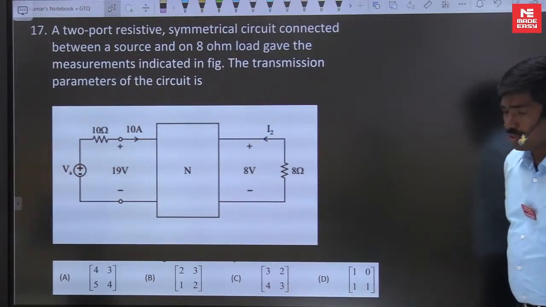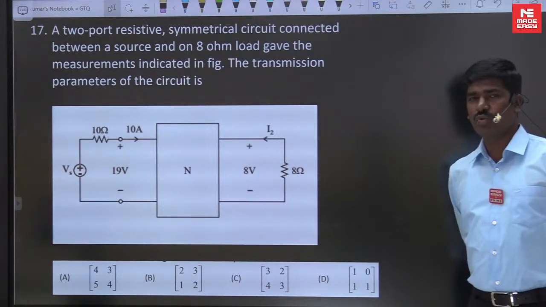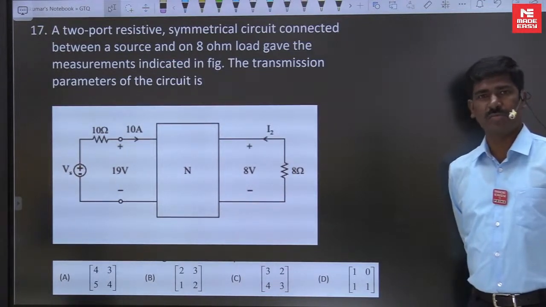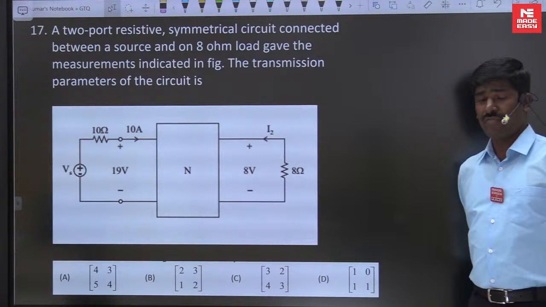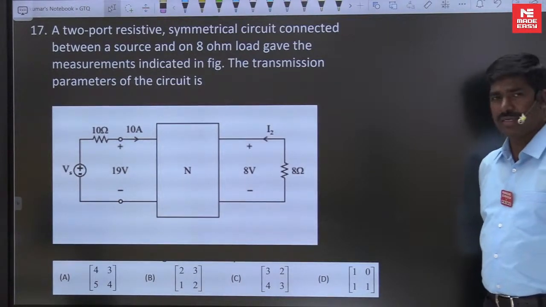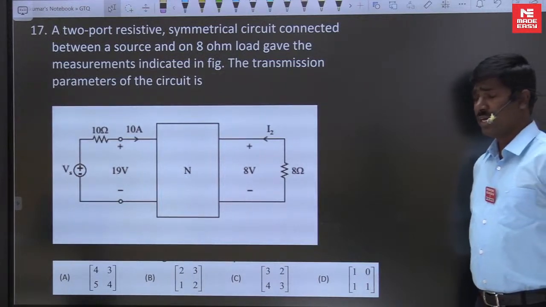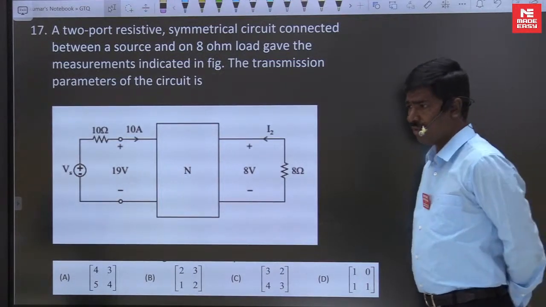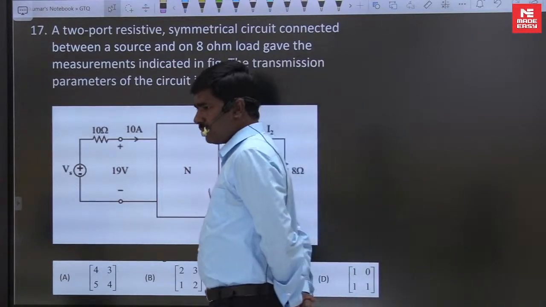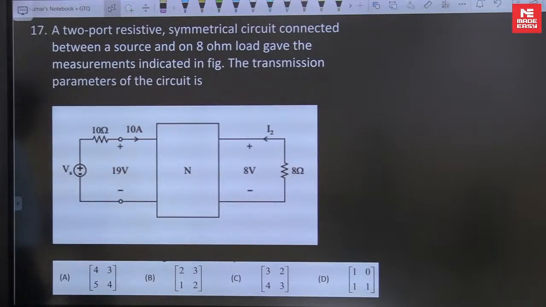In the previous case, I already gave the explanation. If you change 200 ohms to 100 ohms, the R value will be different. If instead of 0.5 amperes you take 0.25 amperes, the R value is different. Answer is B.